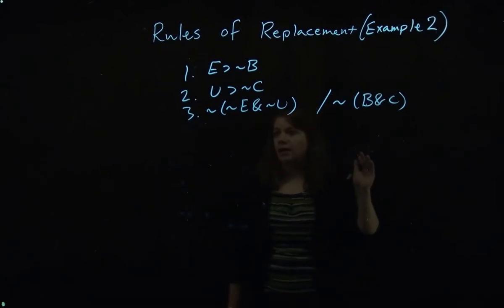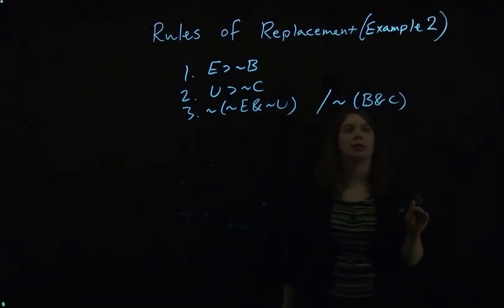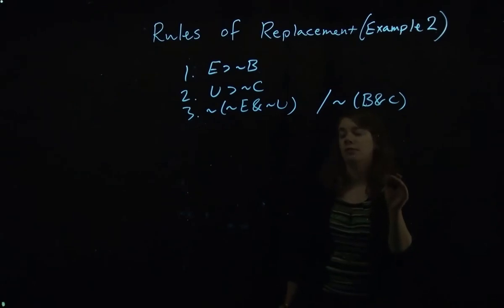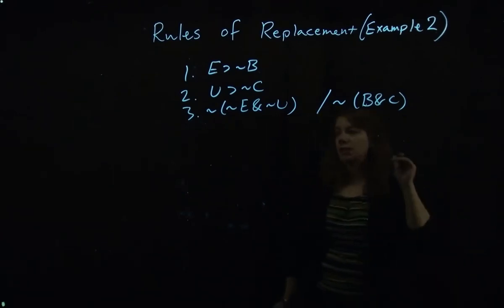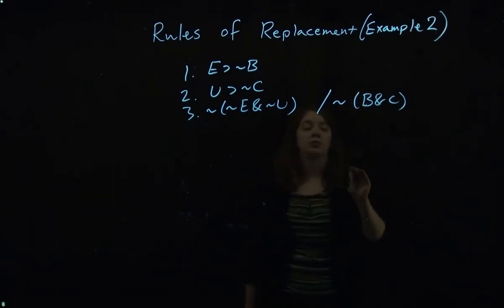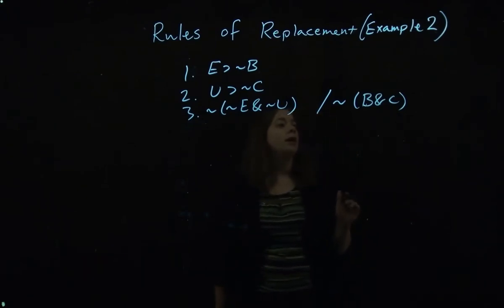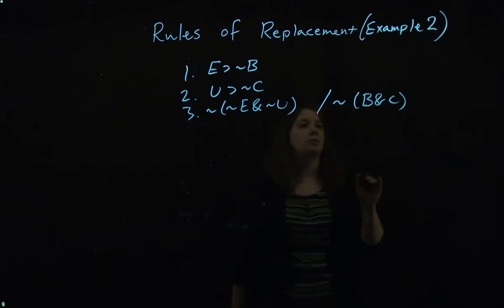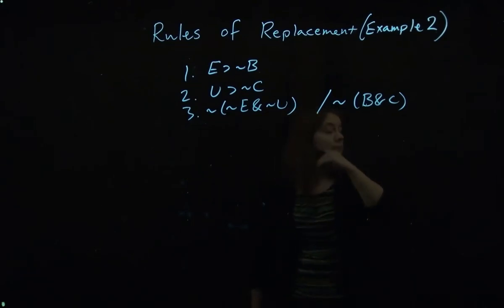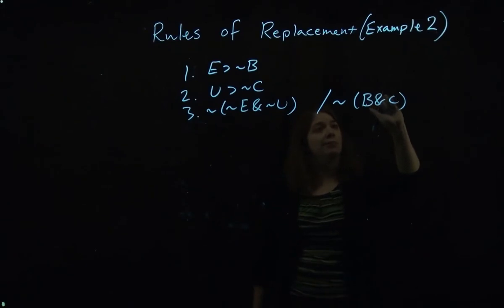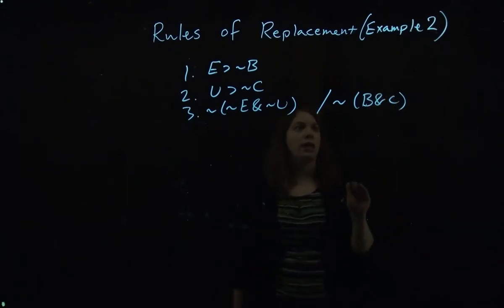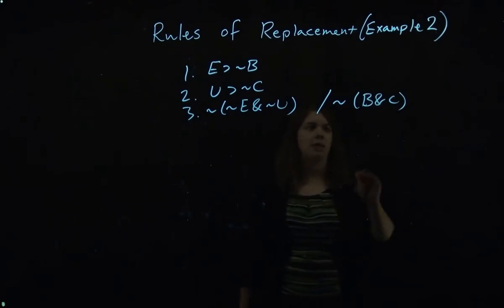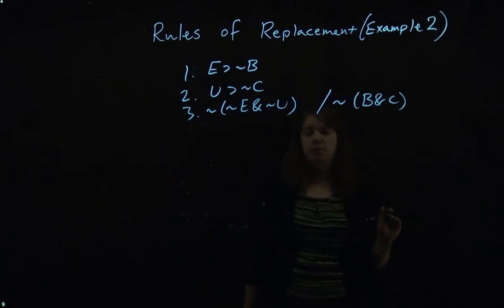Generally speaking, when you're dealing with a conjunction and you have this tilde out in front, a rule that should immediately come to mind among the rules of replacement is De Morgan's rule. As we said earlier, with De Morgan's you switch the conjunction to a disjunction, and you take out tildes where they had been and put in tildes where they had not previously been.